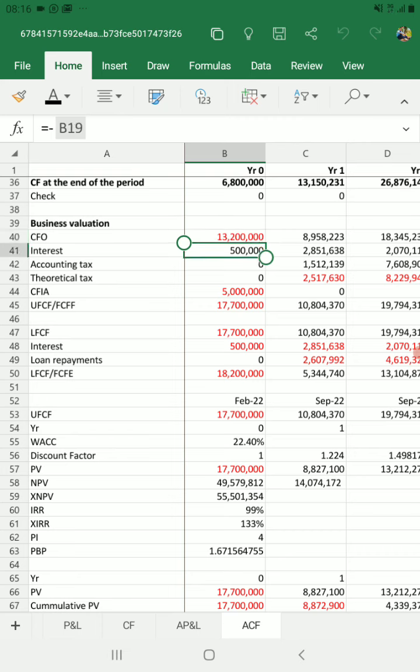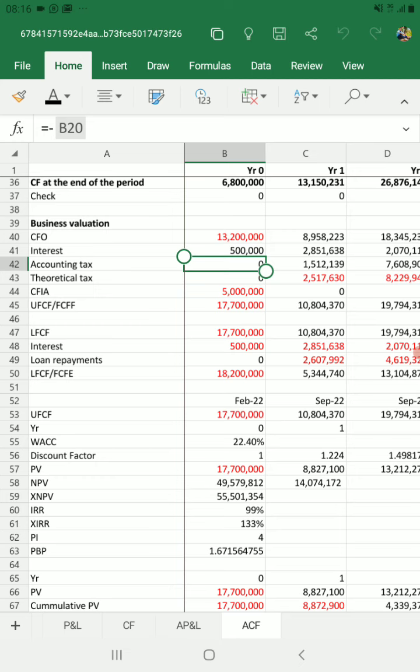We then added back accounting tax, because these accounting tax were computed after deducting interest payment, which in this case we added interest back, so we assumed that there's no interest payment made, because we want to arrive at the free cash flow that is attributable to both debt and equity holders.